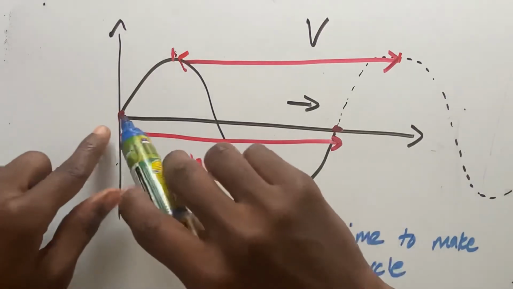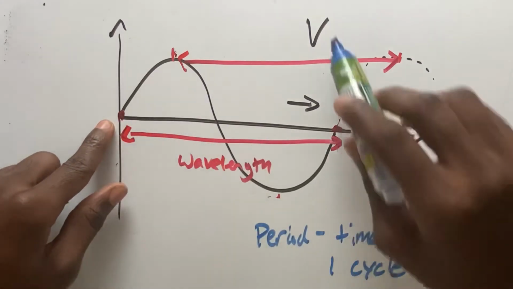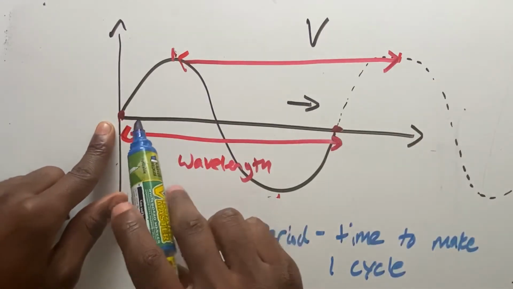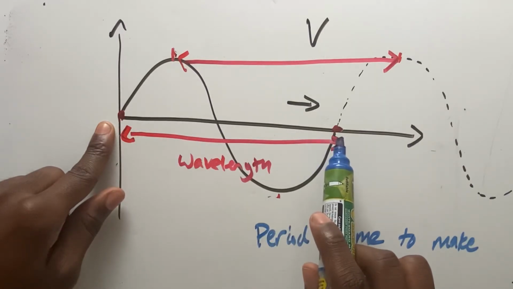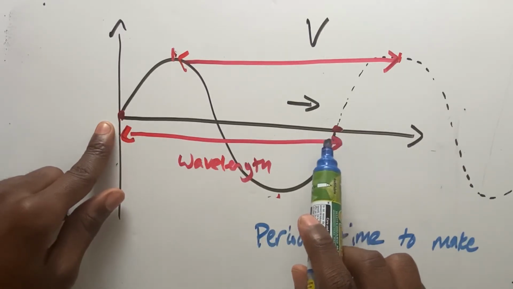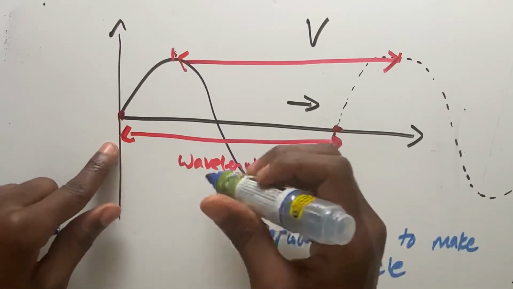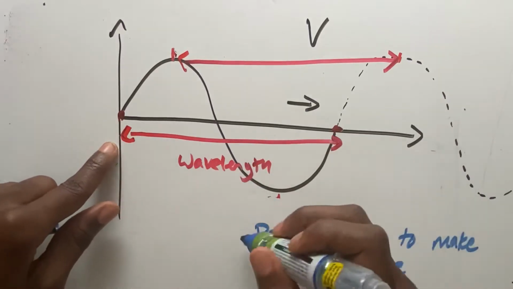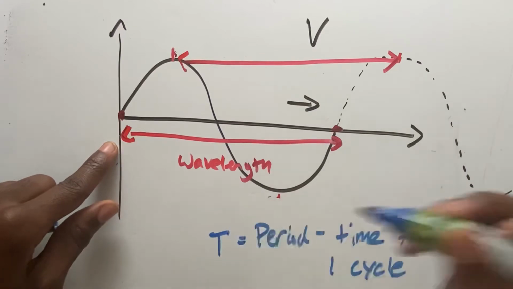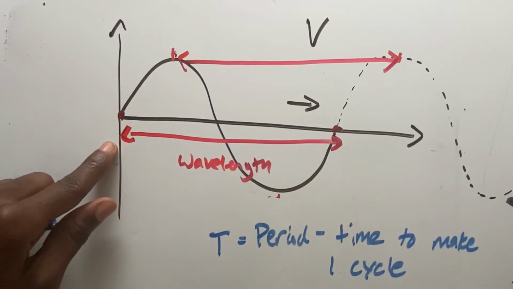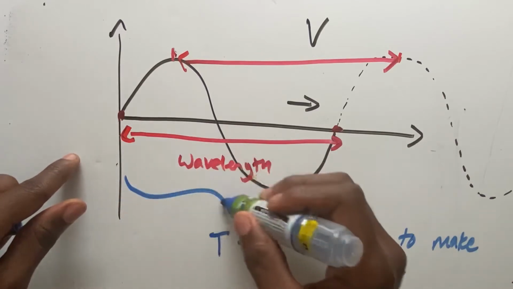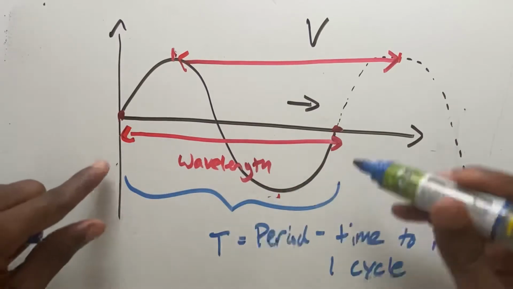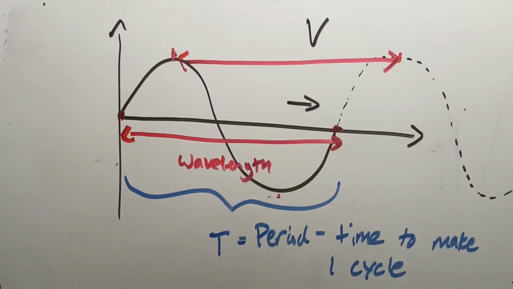So the time it takes for it to go from here to here, because this wave has some velocity, is one period. And so for that one wavelength, it travels some amount of time. For the period, we usually use the capital T. So the time it takes to go from there to there is one period.